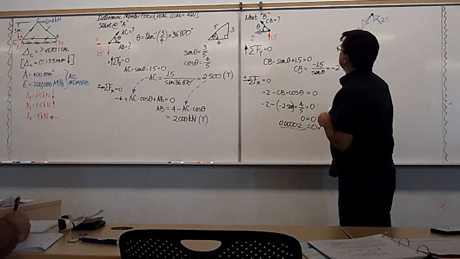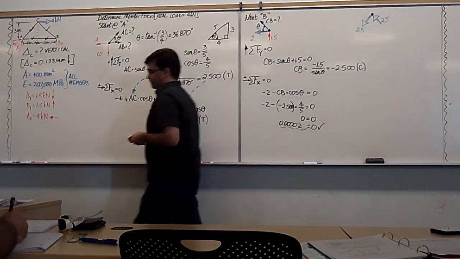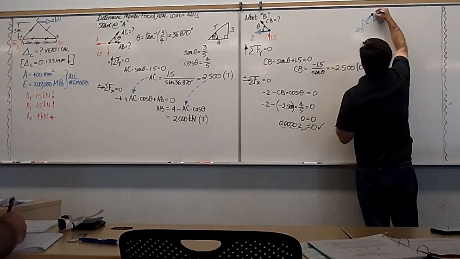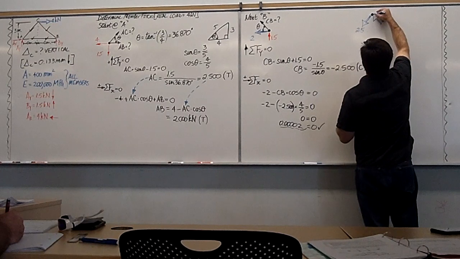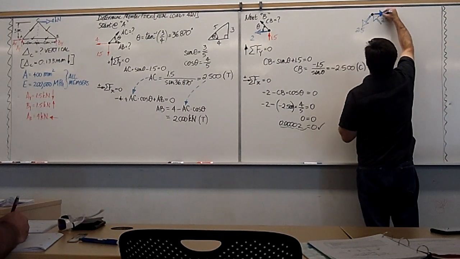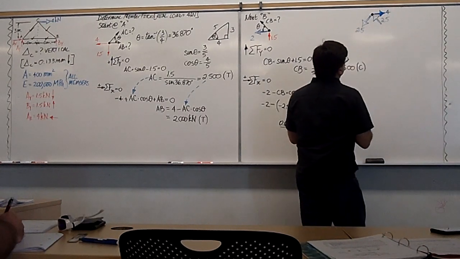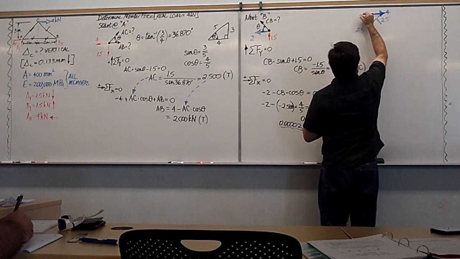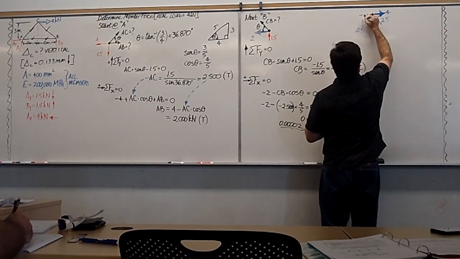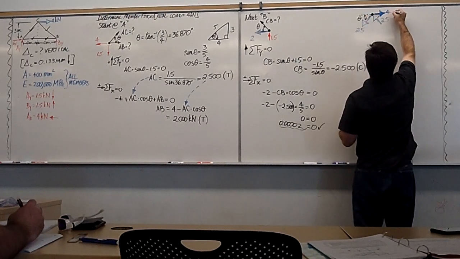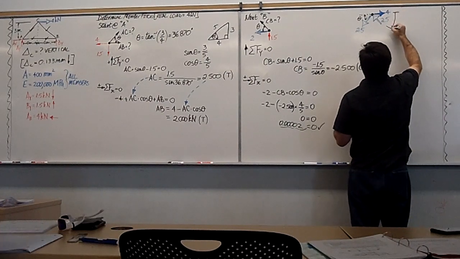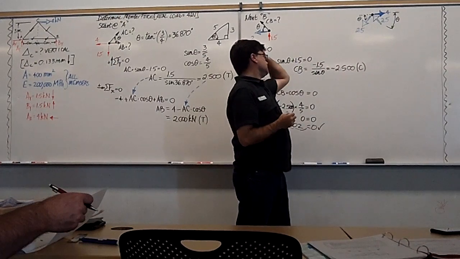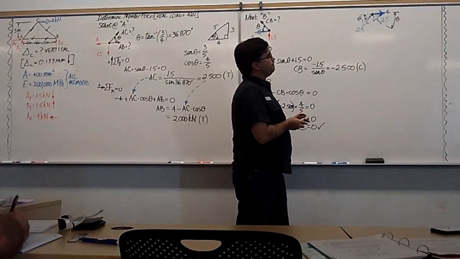And the last thing we have on C is the applied force of 4 kilonewtons, like that. We also know that this angle is theta, and this angle here is theta.